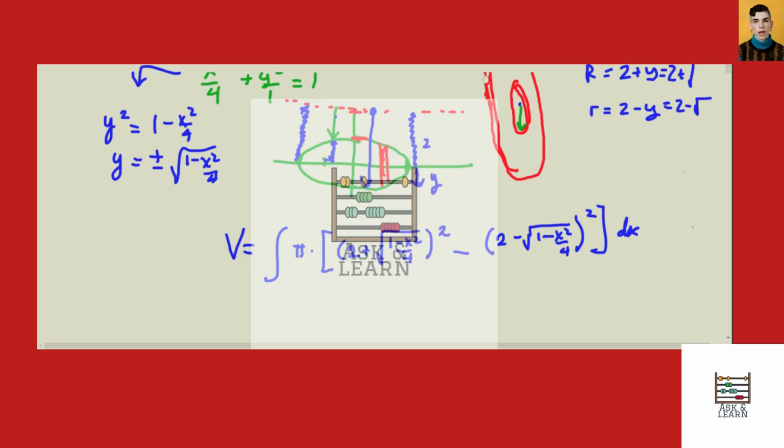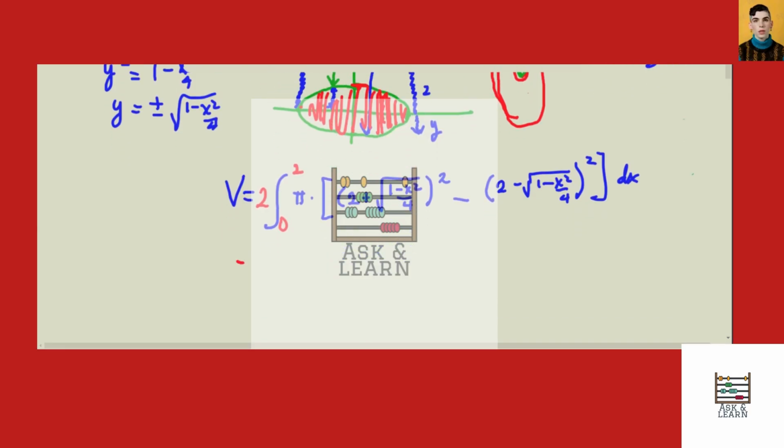And then we're stacking these little disc washer things up from x equals -2 to x equals 2. So we could do -2 to 2, or we could do twice 0 to 2. So let's just do that, make it easier.